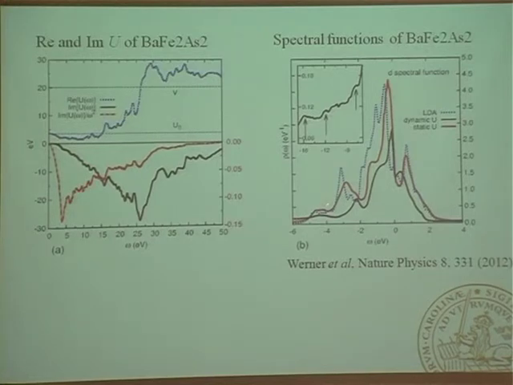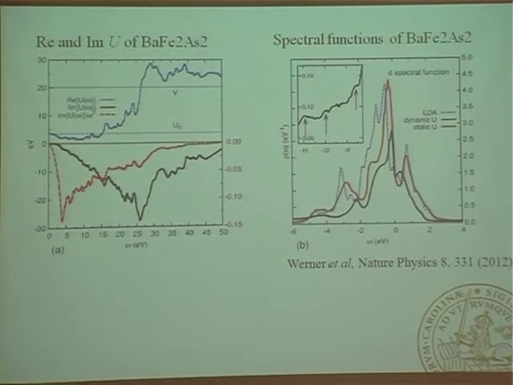So this calculation is an LDA plus DMFT calculation, but with a dynamic U. And you compare here the result with the static and dynamic U and the LDA. So one sees quite a lot of reduction in the bandwidth coming from the dynamic U. So the dynamic U introduces further renormalization effects on the spectral functions.